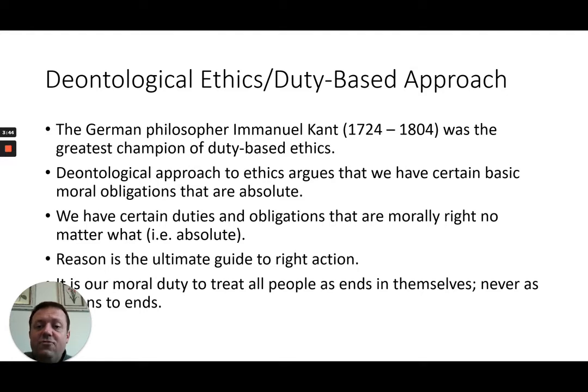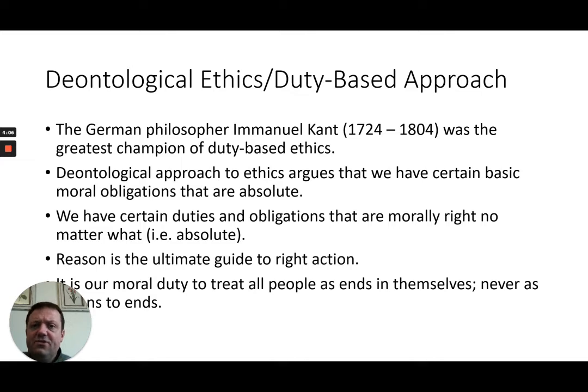And he believes that reason, devoid of emotion, is the ultimate guide to right action. And that as beings who have this ability to reason, it's therefore our duty to treat everyone as ends in themselves, never as means to ends. So you never exploit anyone.